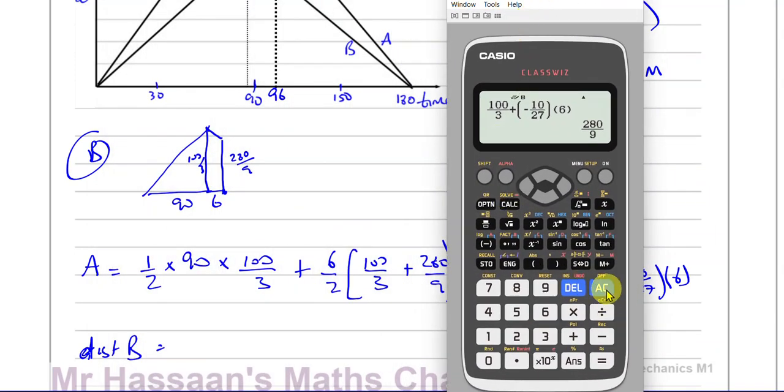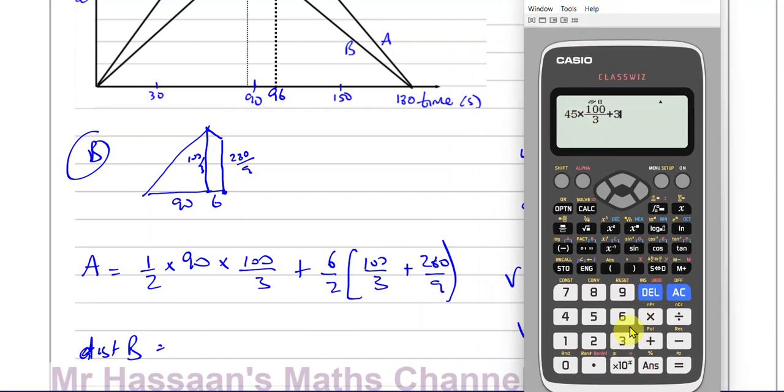So we have 45 times 100 over 3, and we've got plus, 6 over 2 is 3 times, I'll put it in brackets, 100 over 3 plus, is it 280? Yeah, 280 over 9.